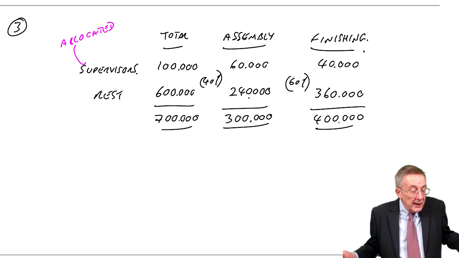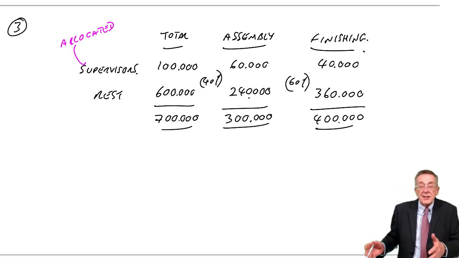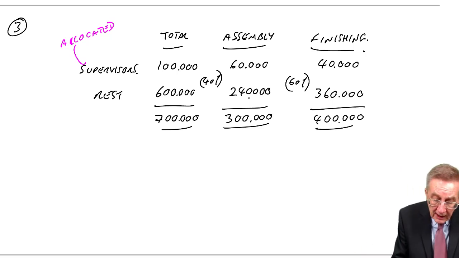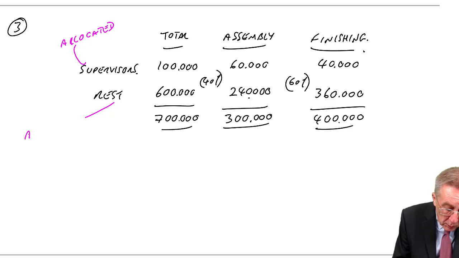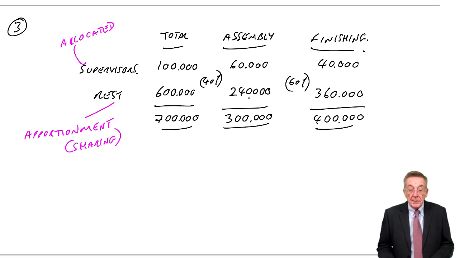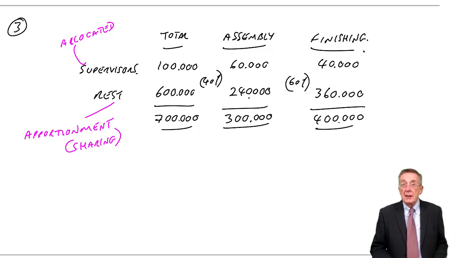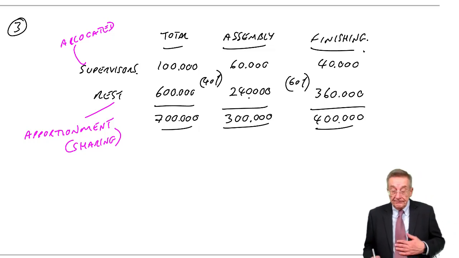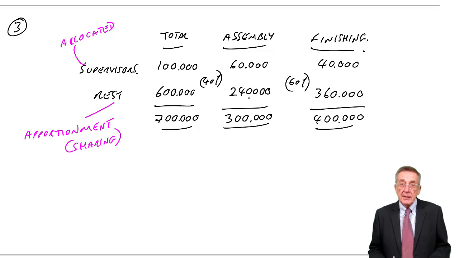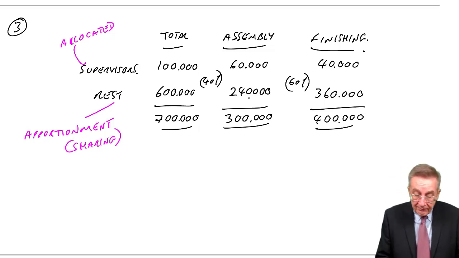I don't know why we decided 60%, 40%, but we shared them. We call that apportionment. It means sharing. So it's a minor point, but just in case the words are mentioned ever in the exam, allocating when you know where the cost is, apportioning when you're simply sharing it between departments.